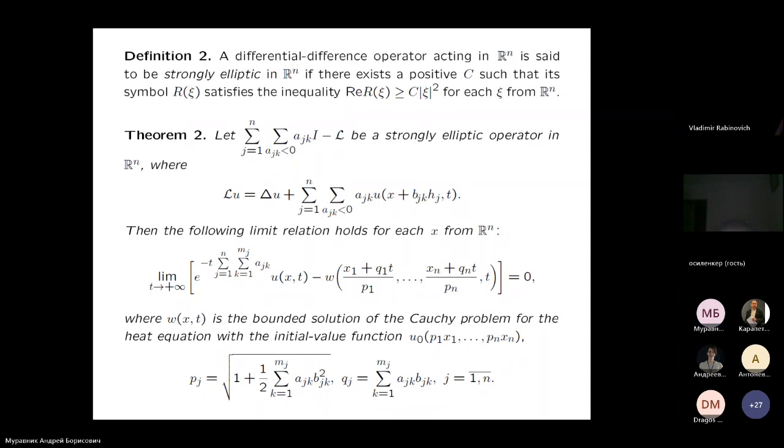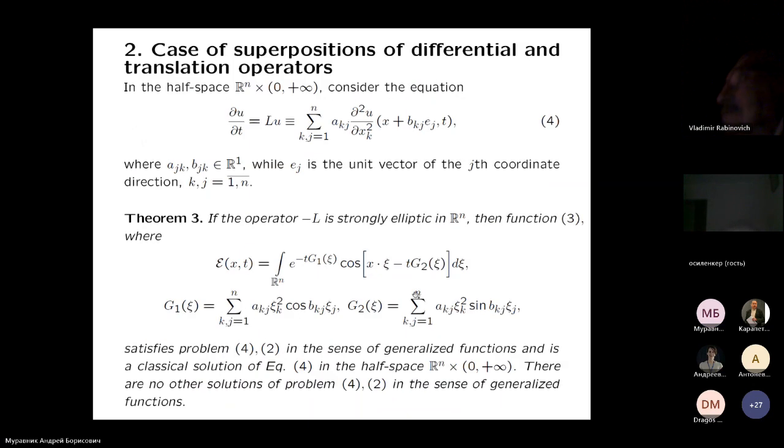Now, let us pass to the case of differential difference parabolic equations, where the equation contains superpositions of differential operators and translation operators. That is, to the Cauchy problem with the same initial value function for equation 4.